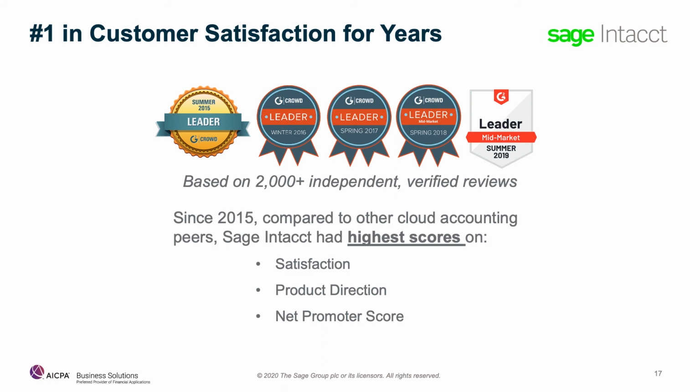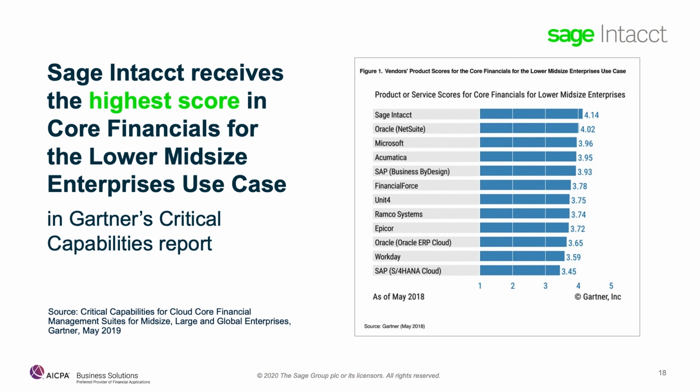More users are likely to recommend our product to others versus any other vendor. In the Gartner Critical Capabilities Report, Sage Intacct receives the highest score in core financials for lower mid-sized enterprises. This is for organizations with annual revenues between $50 million and $500 million that have their headquarters and the majority of their operations in a single country.